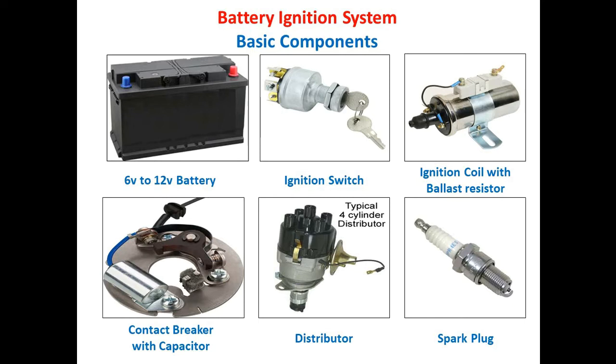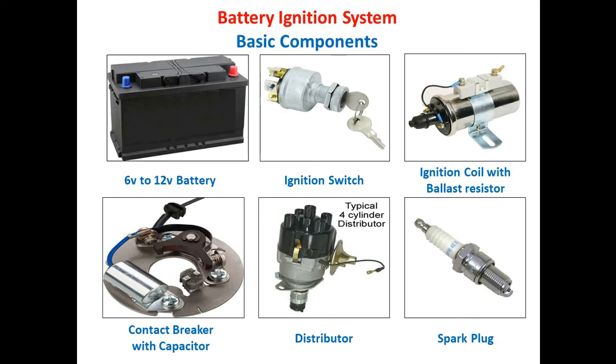This battery provides electrical energy to the ignition system. Next, we have the ignition switch. Using this ignition switch, the ignition system can be turned on or turned off. This ignition switch is present in between the battery and the ignition coil, which is part of the primary winding.